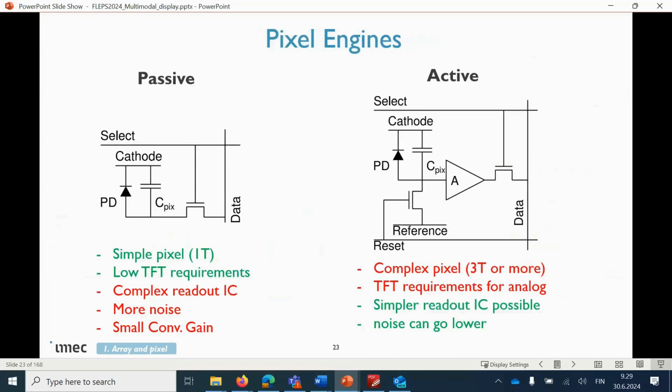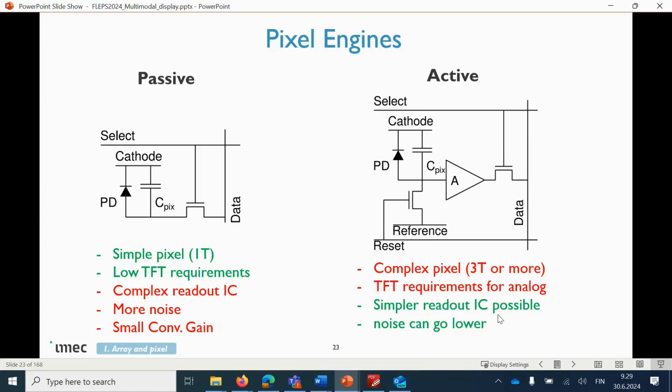But as I said before, besides the passive pixels, there are also what we call active pixel engines, coming mainly from CMOS imagers, where you can have some advantages. You also have more stringent conditions for the TFT, because now you need to use it as an analog amplifier. As you can see, there is an amplifier here. This is implemented in different ways, as we will see in the next slide.